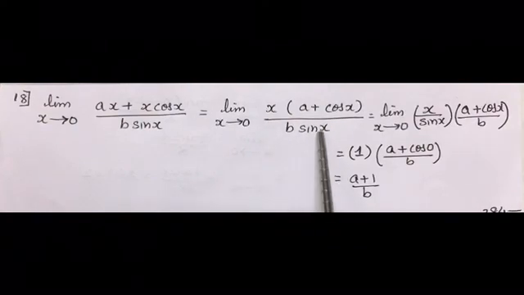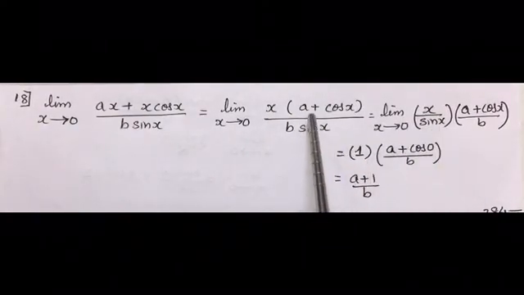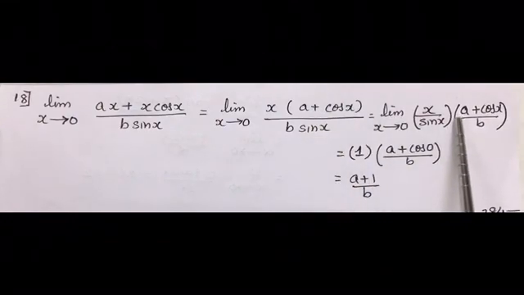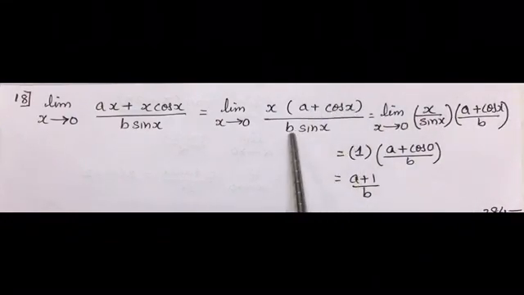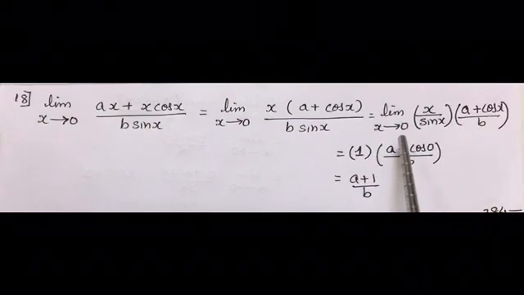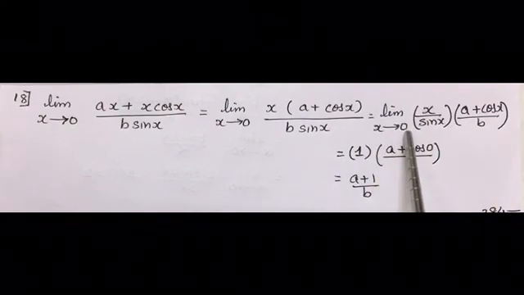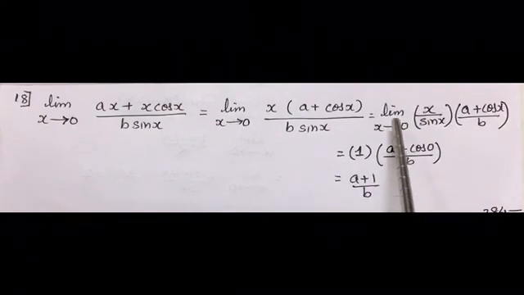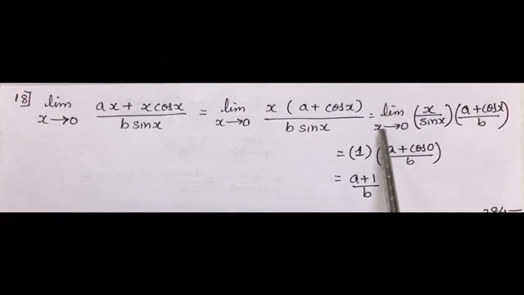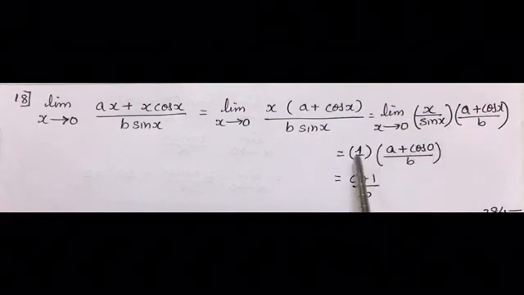Now x upon sin x is taken together, multiplied with a plus cos x divided by b is taken together. Now x is tending to 0, that is limit x is tending to 0, so x upon sin x will be 1.